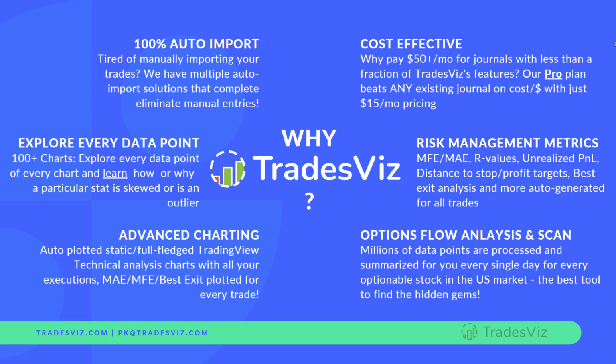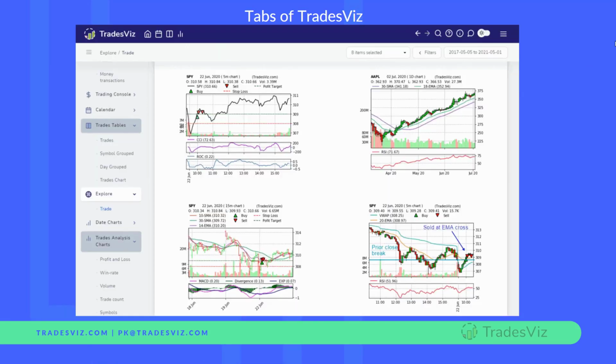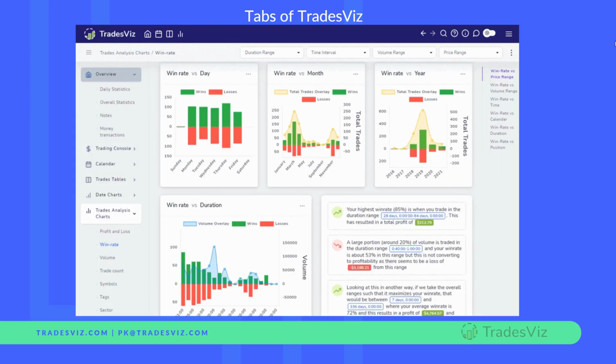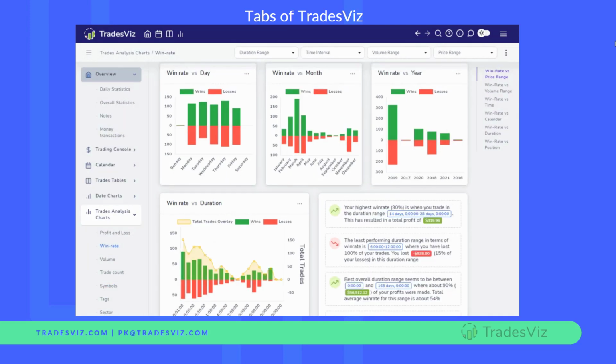Tradesviz is the only trading journal with in-depth options analysis and screening. So it's an all-in-one bundle that you can use to improve your trading, not only from a historical perspective, but also to find trades and find those hidden gems based on the advanced dashboards that we have. And Tradesviz has so many other advantages also.